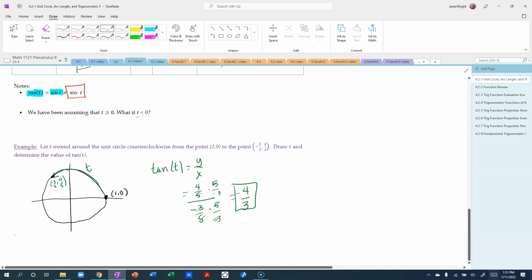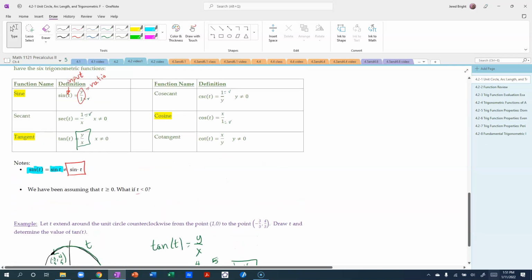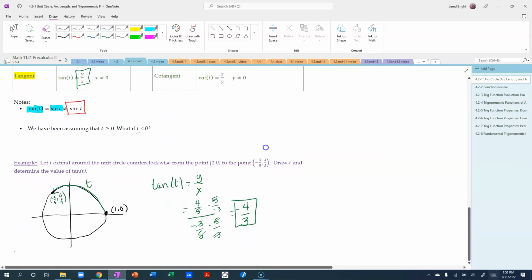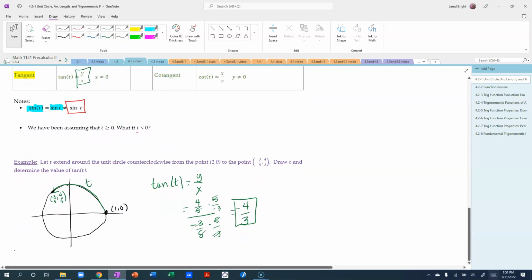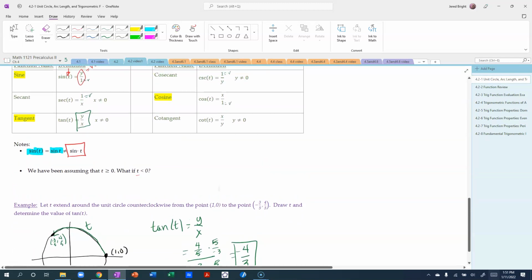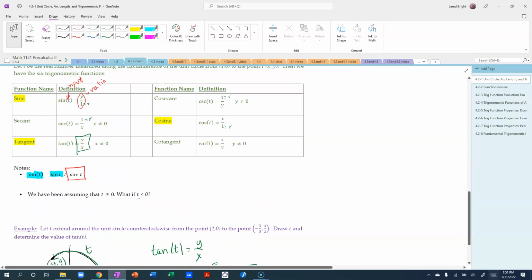I could go through and form the ratios for the other trig functions, but that wasn't asked in this exercise. So those were some quick definitions of the different trigonometric functions.